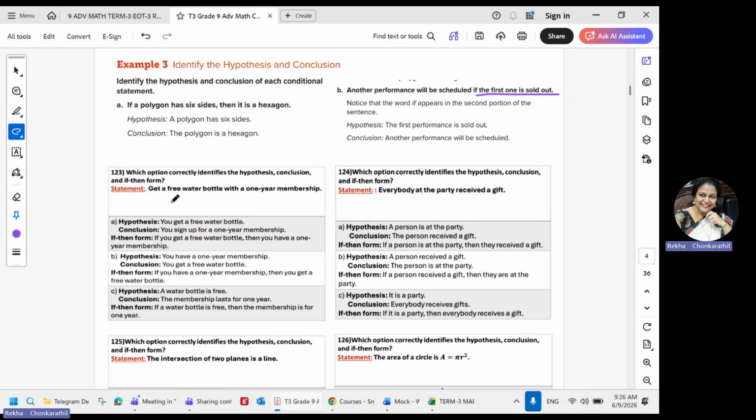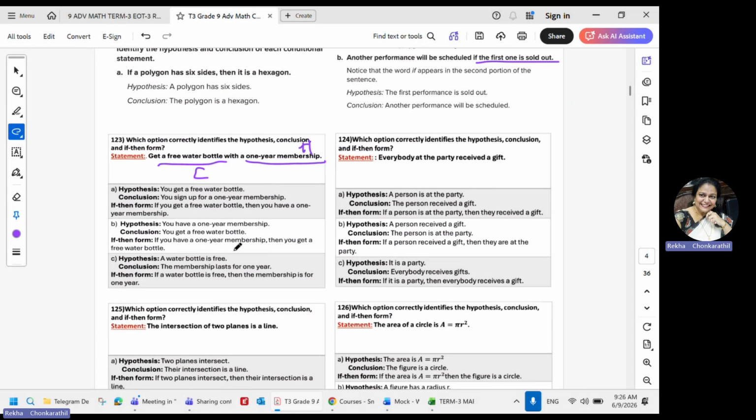So buying a water bottle cannot be your hypothesis. Getting a 1-year membership will be your hypothesis, and getting a free water bottle will be your conclusion. So which option do you think is your answer? Option B. How do you write it using if-then form? If you have a 1-year membership, then you get a free water bottle.